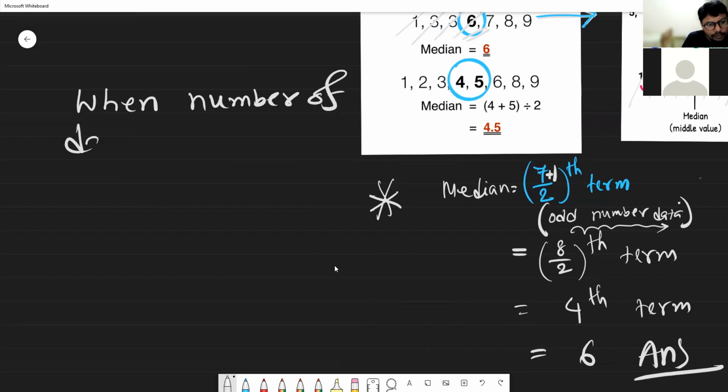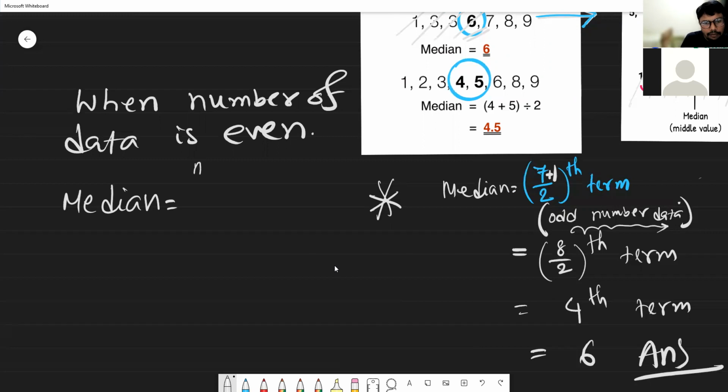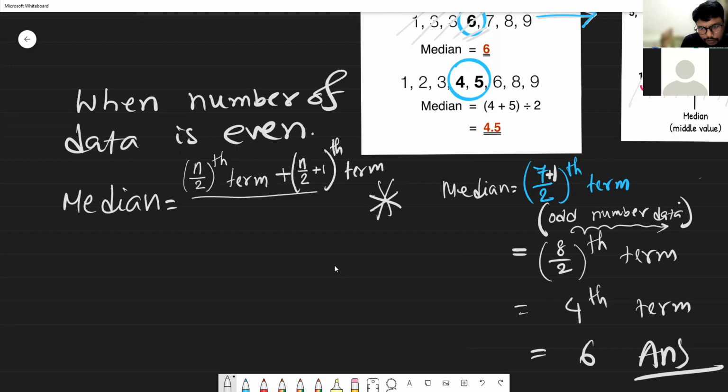When the number of data is even, then the median formula will be: first the n by 2 th term, plus n by 2 plus 1 term, then divided by 2.